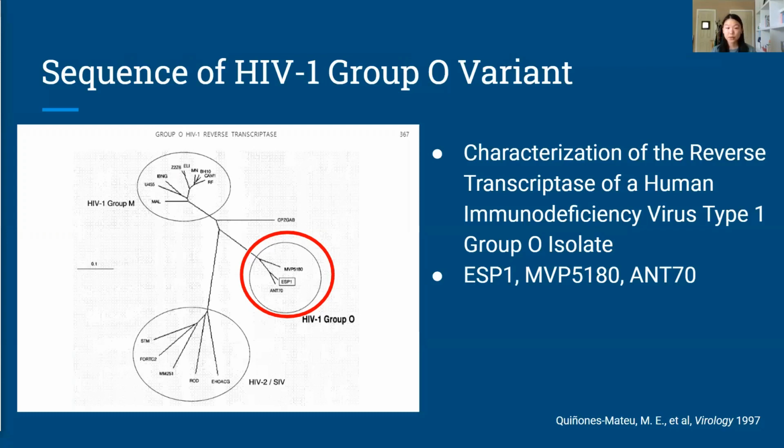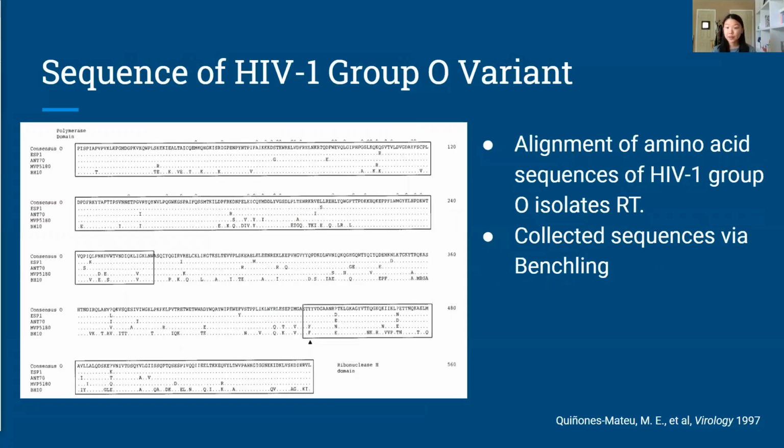So here in this diagram, you can see the area I highlighted in a red circle, and that area, the HIV-1 group O variant, consists of three nucleotide sequences: ESP1, MVP5180, and AMT70. After comparing these sequences, the researchers then derived the amino acid sequence of the RT coding region of the Spanish isolate and compared it with the sequences of other HIV-1 group O isolates.